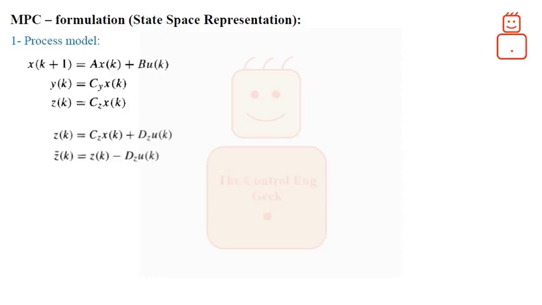From this relation, one can see that this equation depends on the current state of the process x of k without any feed-through from the control action vector u of k. The changes to the cost function as well as the constraints are easily made, and we will see them in a different video. So, one can assume the controlled output z of k as was shown previously.